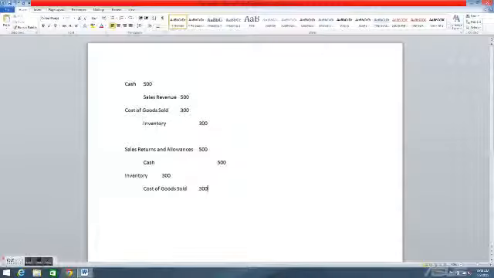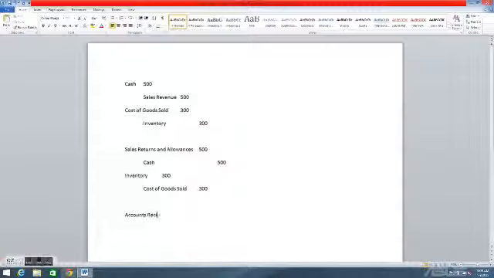Now if a good is sold to a customer on account, there's two journal entries that must be made there as well. And the only difference between when the good is sold for cash and when the good is sold on account is that in the first journal entry, instead of debiting cash, you debit accounts receivable.